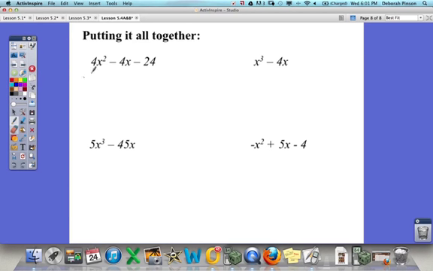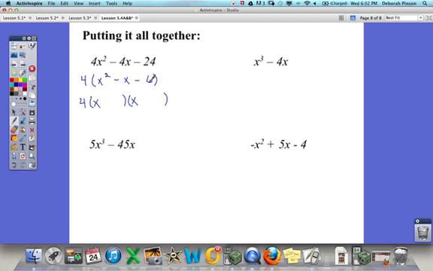Okay, so if I start right here, I'm going to pull a 4 out of that. So I have x squared minus x minus 6. Now see how it makes my problem smaller? Now I can factor this part again. So I need something, because this is just an x to the first now, so lucky me, I don't have to do the messy, complicated kind.